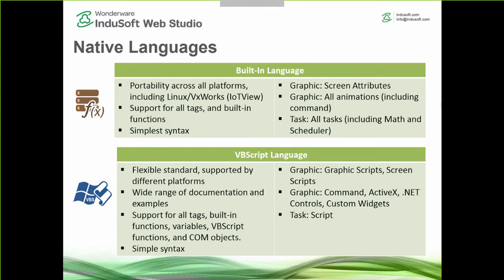So nowadays we have two scripting interfaces, two scripting languages available in the InduSoft Web Studio. There is what we call the built-in language, which is available in the product for virtually two decades. And there is VBScript, which is available in the product for probably more than 10 years, but was introduced in a later version of InduSoft Web Studio.